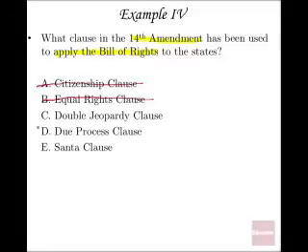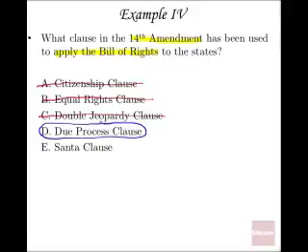There is a clause in the Fifth Amendment that prevents an individual from being tried twice for the same crime of which he has been acquitted. But that was not found in the 14th Amendment. Due process clause, absolutely, that is what's found. States cannot deprive individuals of life, liberty, or property. And that's applied to the states.